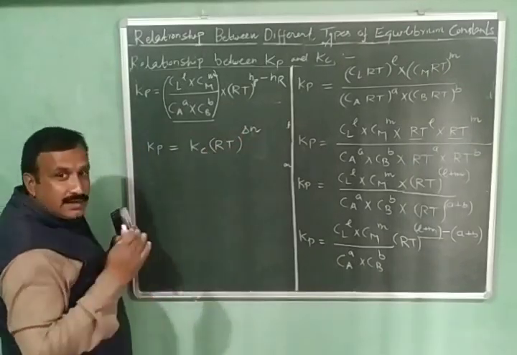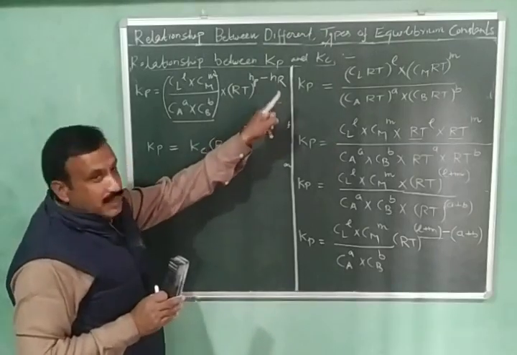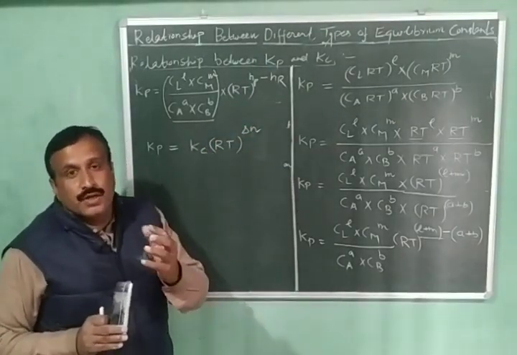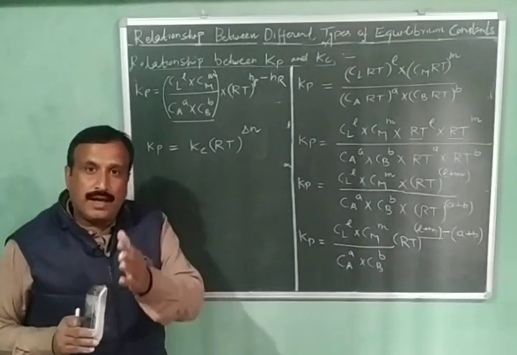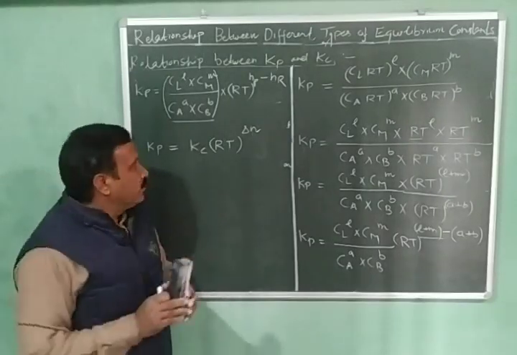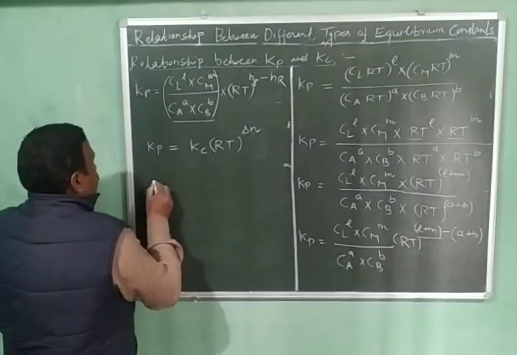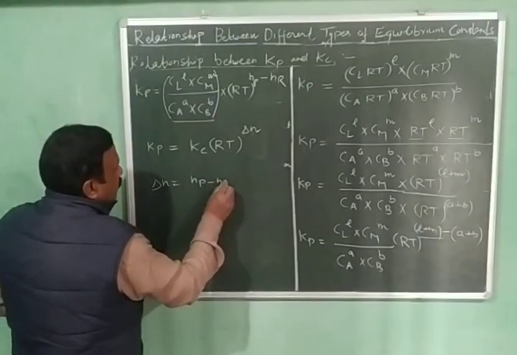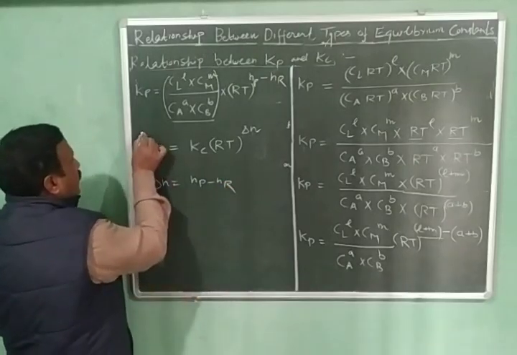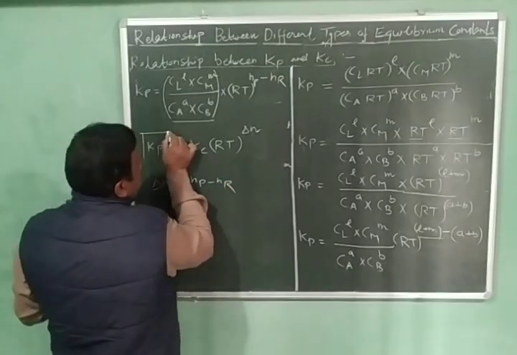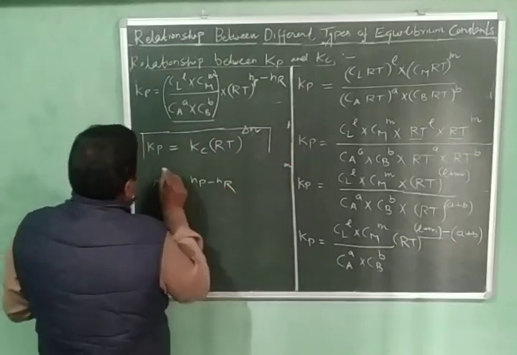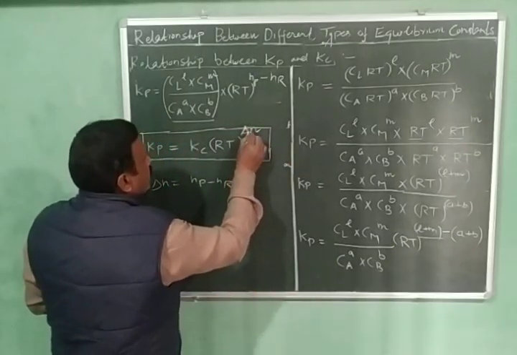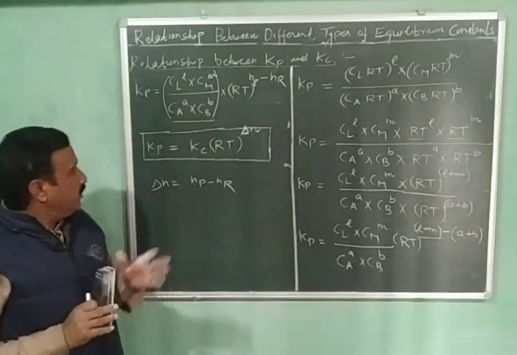Okay, where delta n is equal to Np minus Nr, that is the difference between the total number of moles of products and total number of moles of reactants. Okay, so this is the required relationship between Kp and Kc.